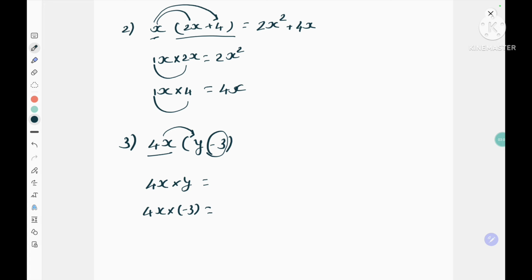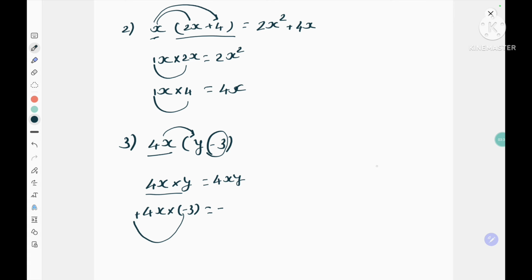If it is a plus, then of course if we are not writing a plus sign in front of it, that means the number is positive, right? So let's do the multiplication now. So 4x times y is 4xy, and 4x times minus 3. So 4x with no sign in front of it means a plus sign, and as you know, we first multiply the sign by sign. So plus times minus equals minus.